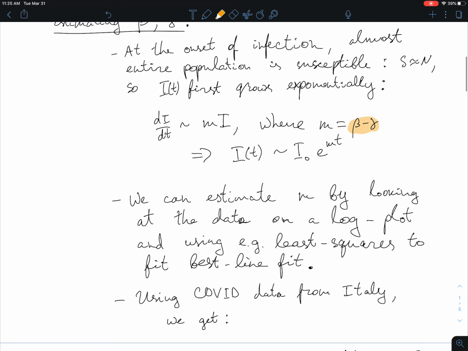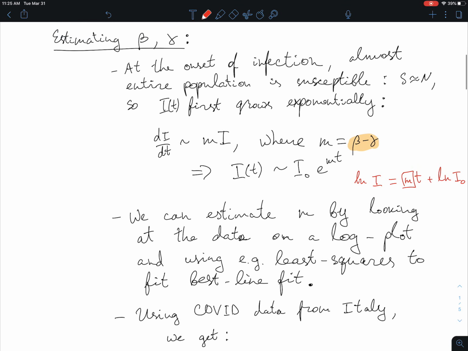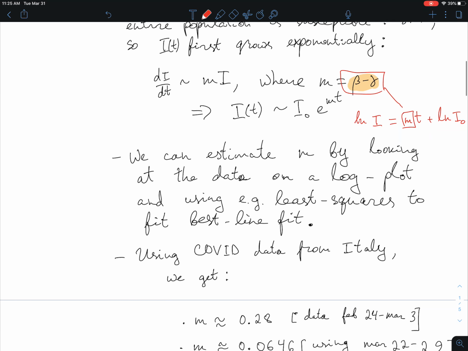If I take the log of the infection and plot the log of I, that's going to be m t plus log of I0. And so that's going to be a straight line, and the slope of this line, m, is going to give me beta minus gamma.